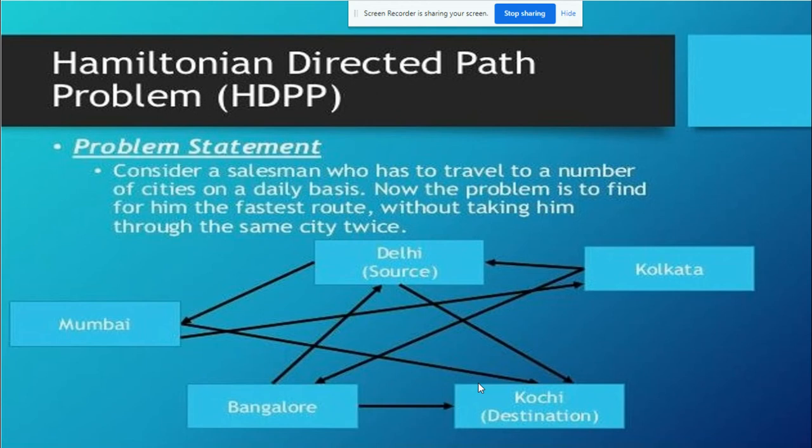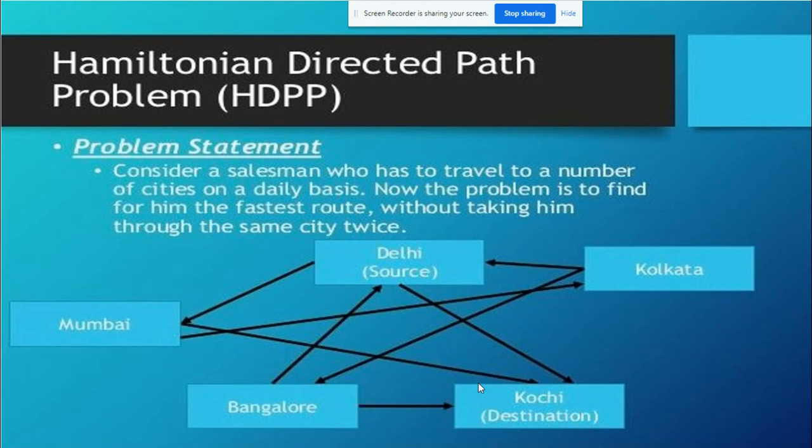Now the problem is to find for him the fastest route without going through the same city twice.